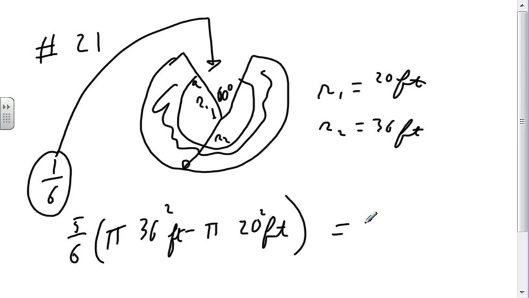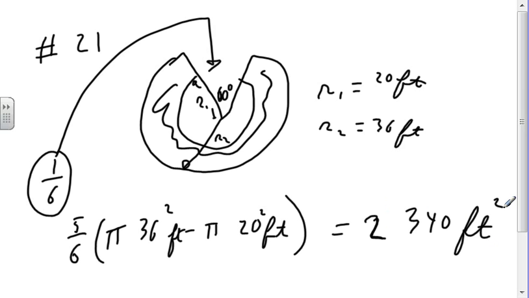5/6 times parentheses pi times 36 squared minus pi times 20 squared, close parentheses, boom. And I want 3 significant digits. Okay, so I would call that 2340 feet squared.